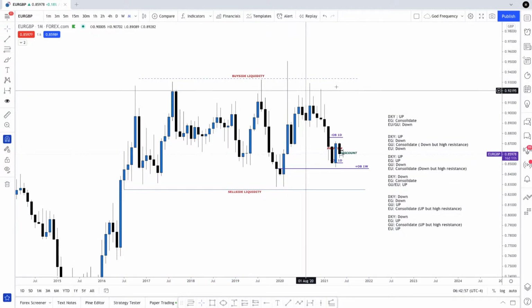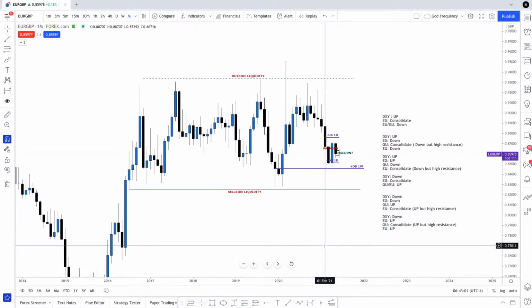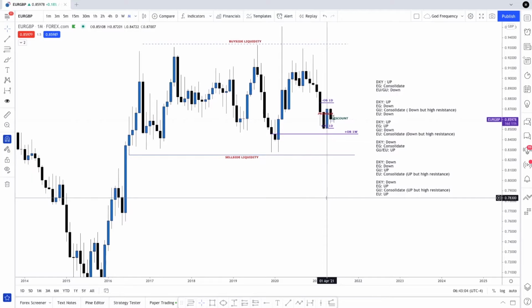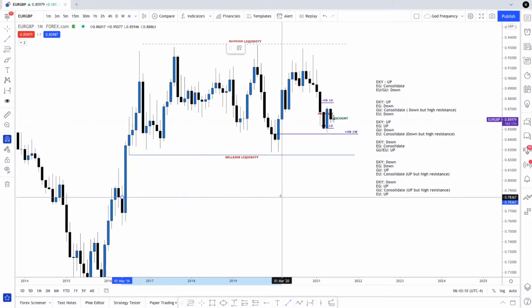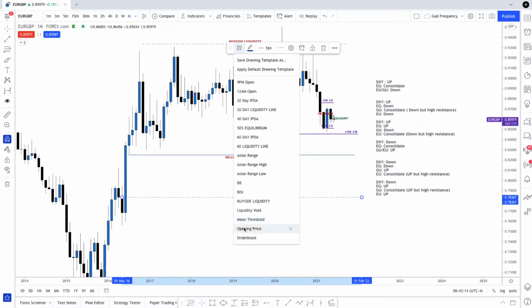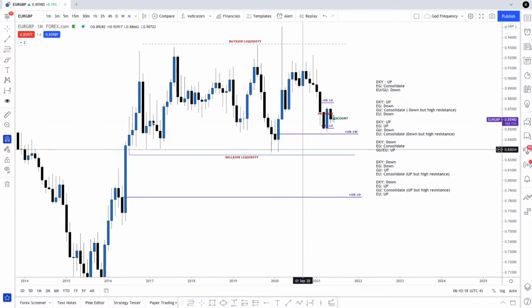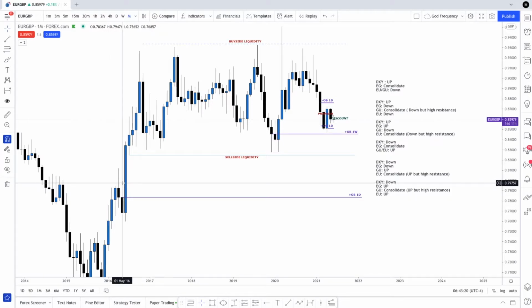Okay, so either way, where does it want to reach to first? We don't know that, we don't necessarily know that, but what I can do is I can map out, pretty much draw the map on where price is most likely to go.